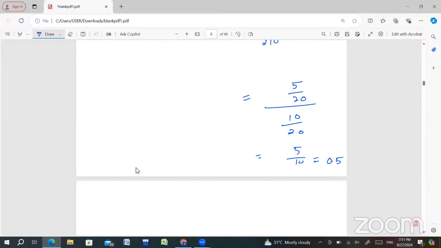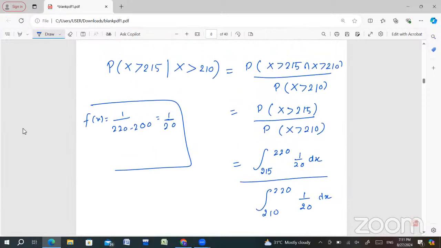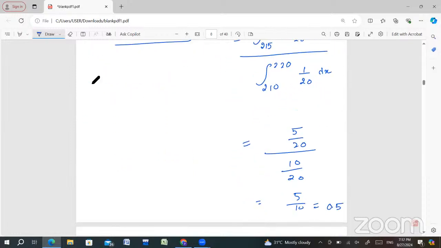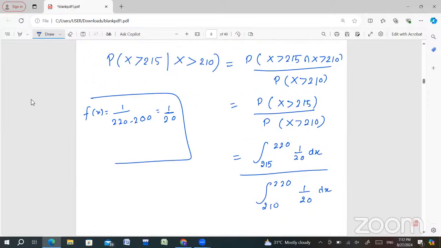Ma'am, this I understood. Can you do the same one by CDF? Ma'am, that step, probability of A intersection B divided by probability of B, how has that directly happened? So you did not get this point, how I have written x is greater than 215, right? See, this is our 210 and this is our 215.